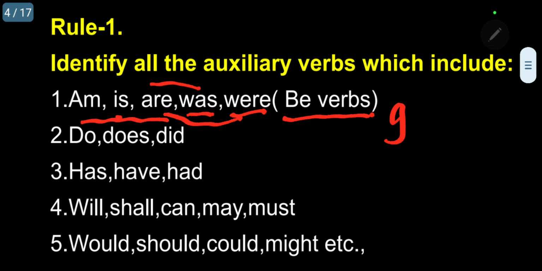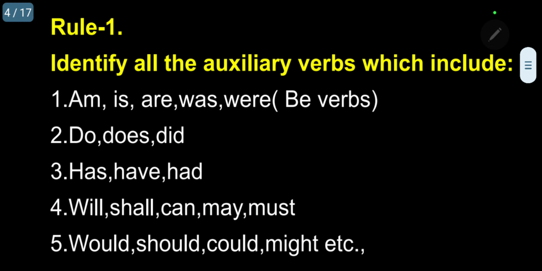You should be very careful. Very, very interesting information. The second type: do, does, did. Do, does, present; did, past tense. Does is a singular verb, do is a plural verb. Then the third type: has, have, had. Has, have, present tense; had, past tense.